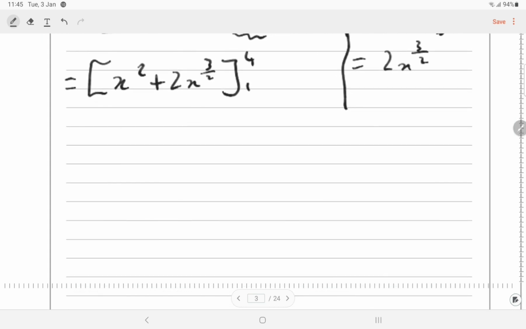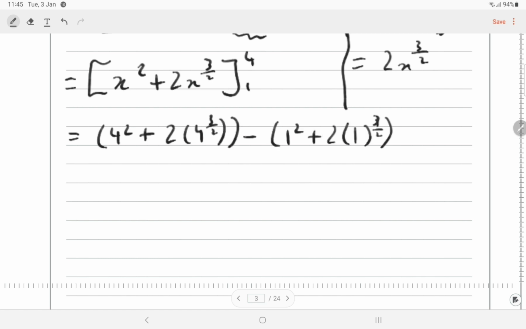And then the next step is we can now remove this square bracket. You have to calculate this. Now we can solve this one by one.